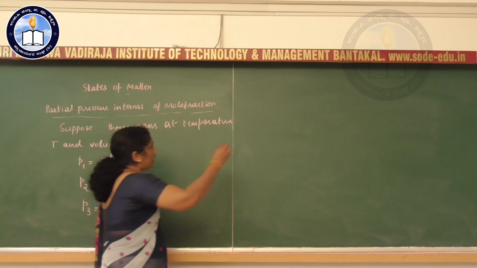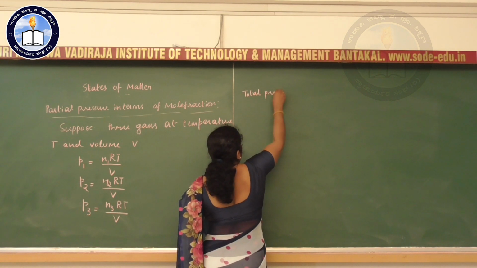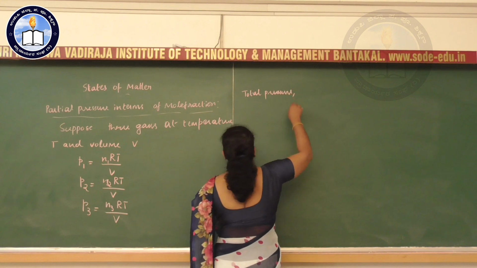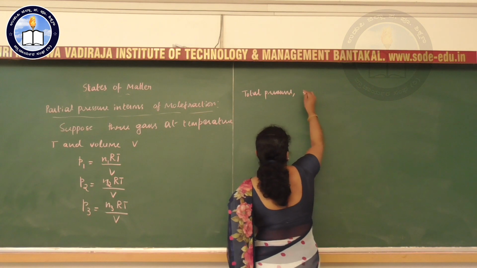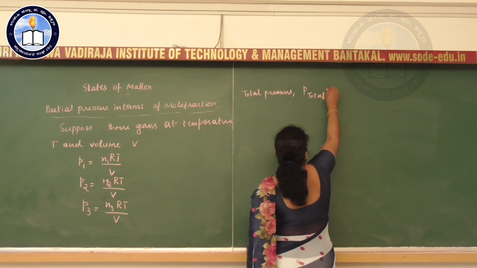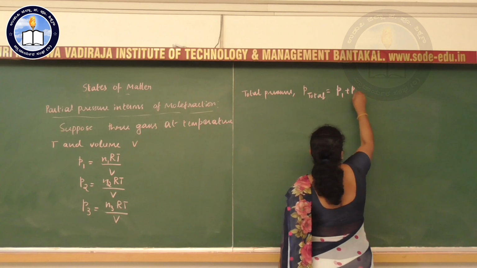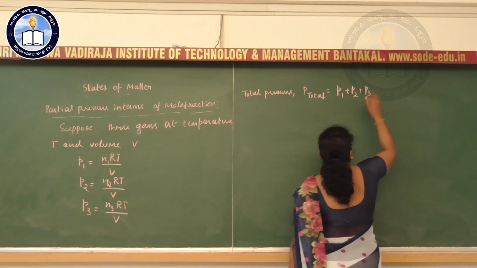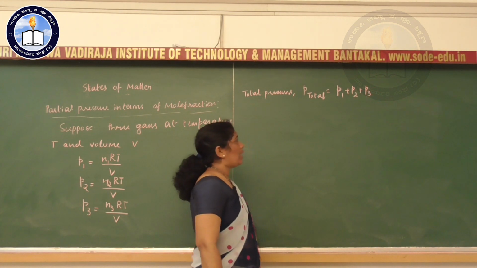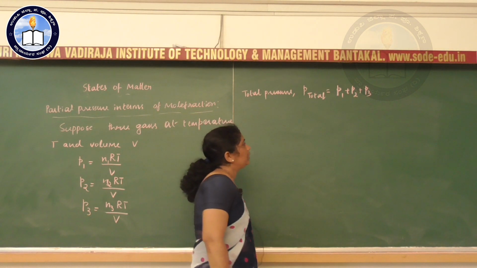If you write the expression for total pressure according to Dalton's law, P total is equal to the partial pressures of the non-reactive gases. Here three gases are there, so partial pressure of 1 plus partial pressure of 2 plus partial pressure of 3. Like that you can continue.